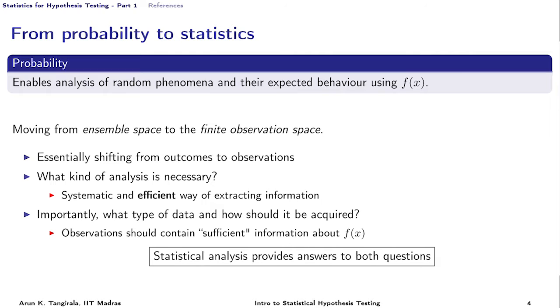And also, very importantly, when I collect observations, they should have sufficient information about the parameter of interest. Suppose I want to know the average temperature outside this room, and I look at the heights of the population in this city, and from there I want to infer the average temperature outside.